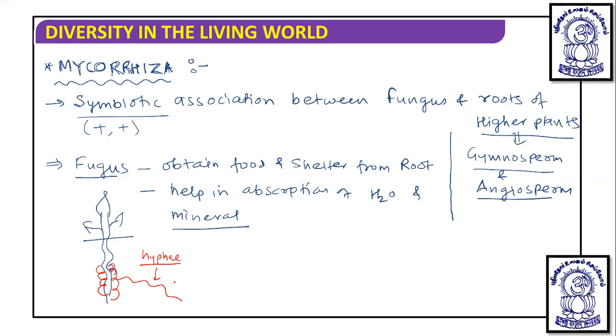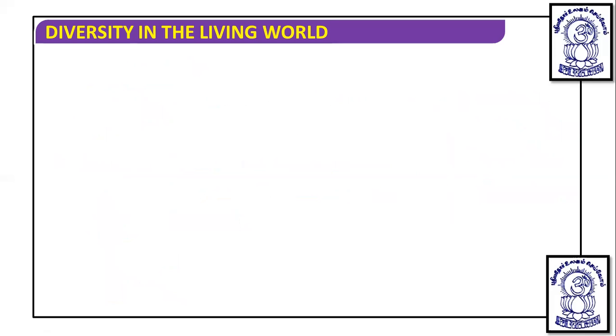Here the fungus increases the surface area of absorption. Now which fungus is involved and how it is associated with the roots of higher plants, we have to discuss. To answer that, we have to discuss the types of mycorrhiza.